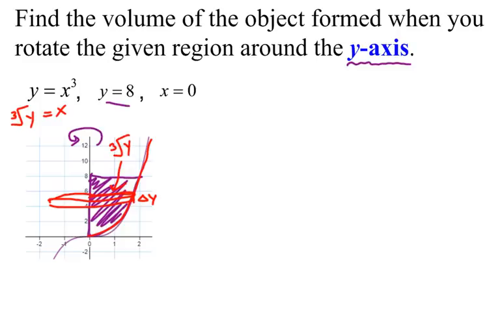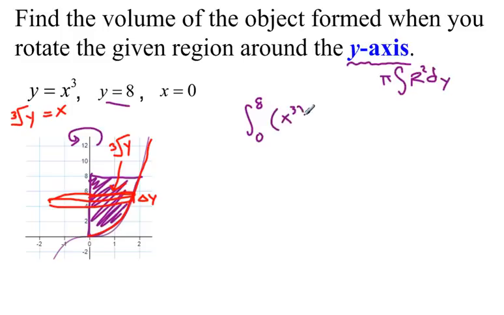All right, so we're ready to write our integral. Now notice our discs, and I draw these in because we can see how they're going to be stacked. They're not going to be stacked left to right. They're going to be stacked from bottom to top, which means our limits go from 0 to 8. Now we're still working with pi radius squared dy. So we need to square that.